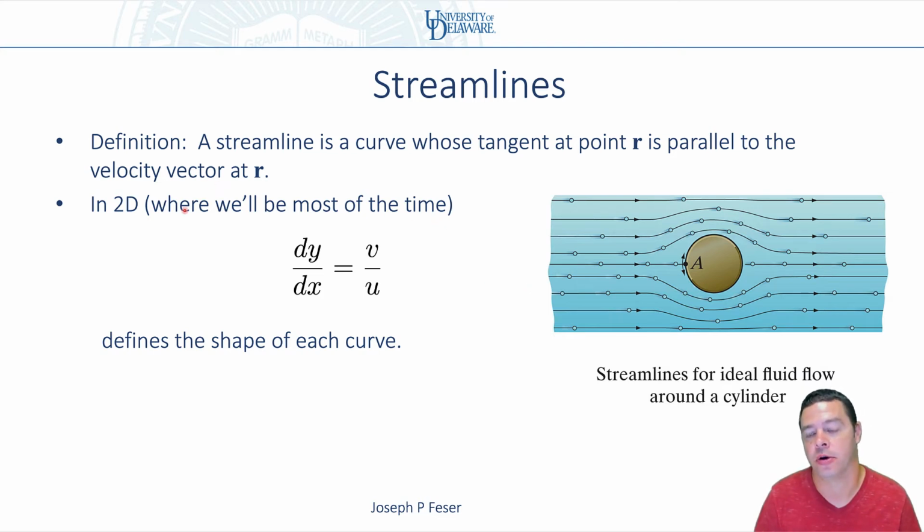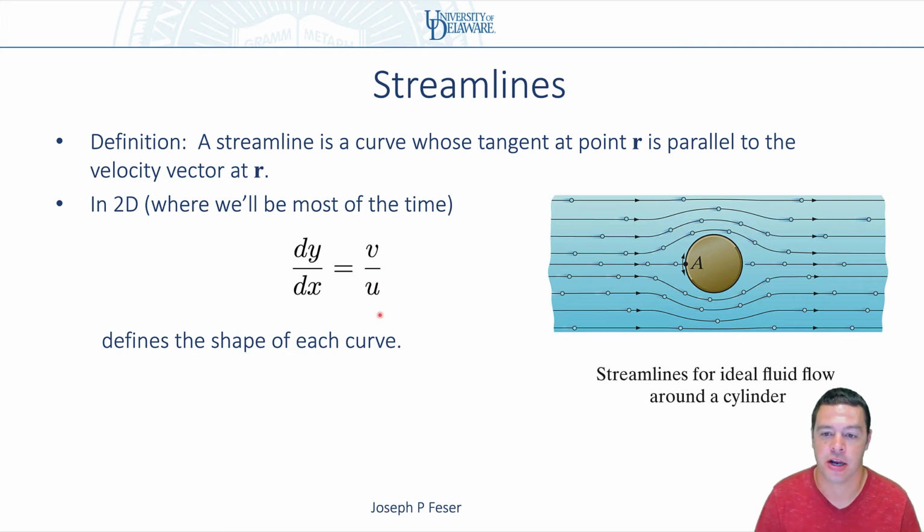Okay, so the definition of the streamline up here mathematically tells you that the slope of that line is locally equal to the slope of the velocity vector that you would see. So the rise over run is equal to the rise over run of the velocity vector.